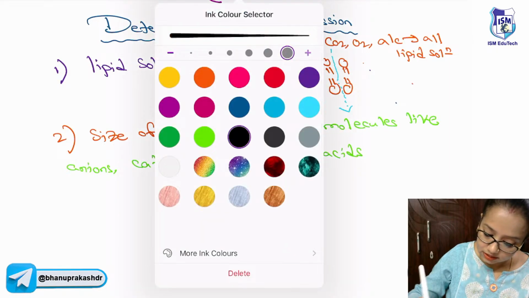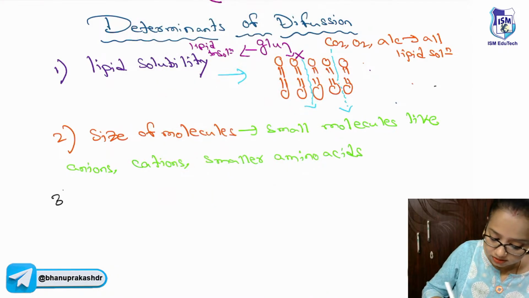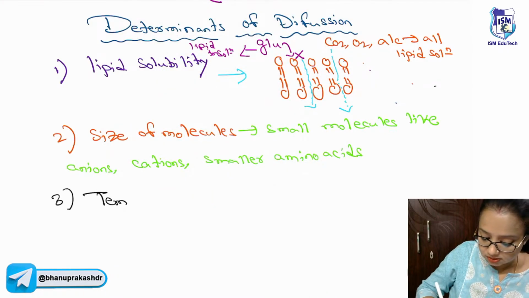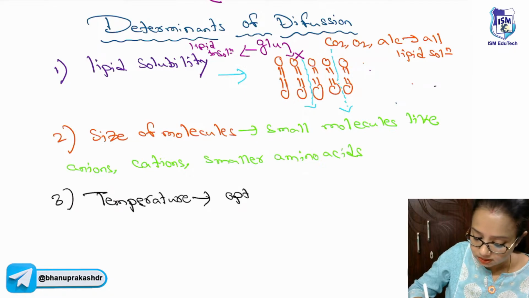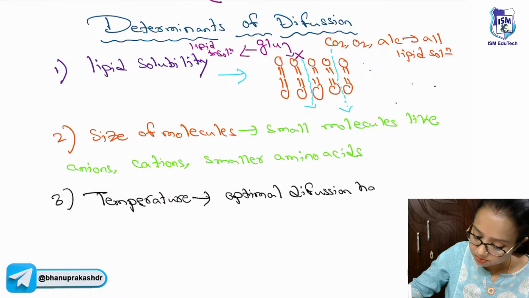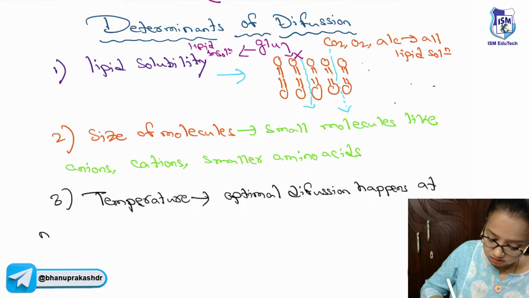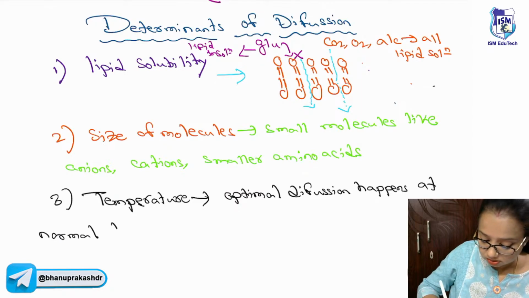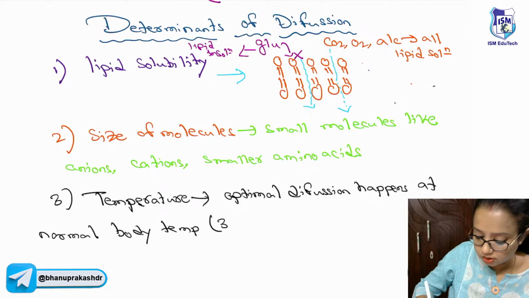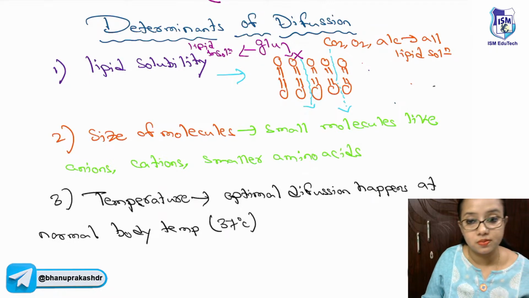The third determinant is temperature. Optimal diffusion happens at normal body temperature, which is about 37 degrees Celsius, right?